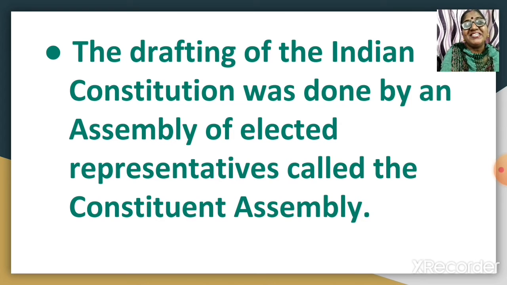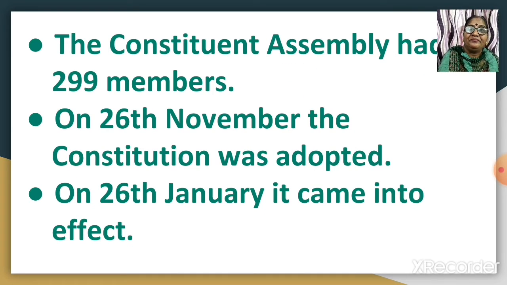The Constituent Assembly that wrote the Indian Constitution had 299 members. This was after the partition, India-Pakistan. The Assembly adopted the Constitution on 26th November 1949.